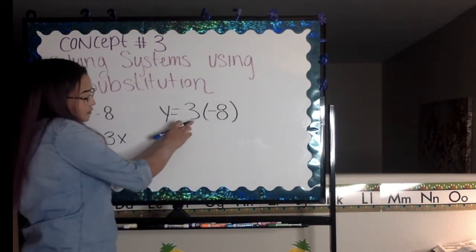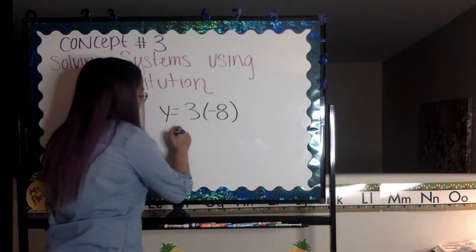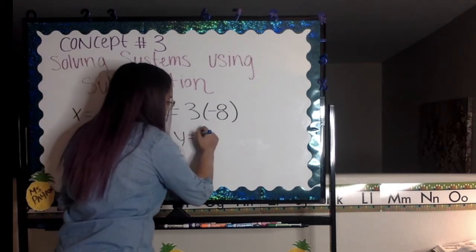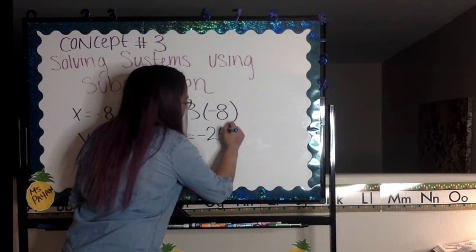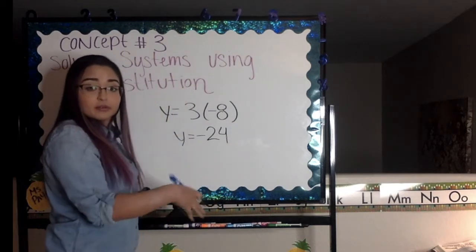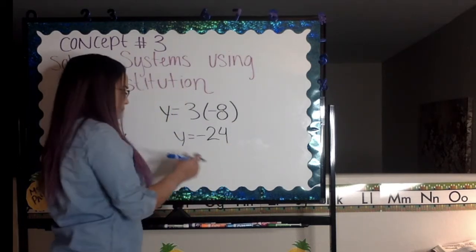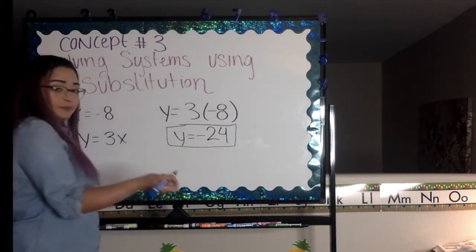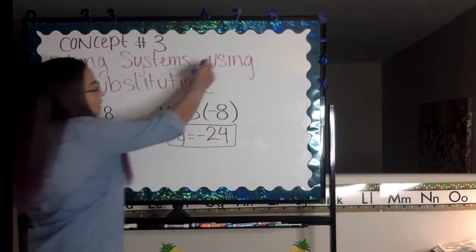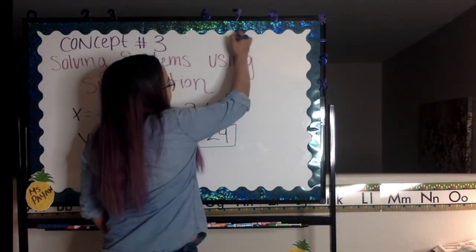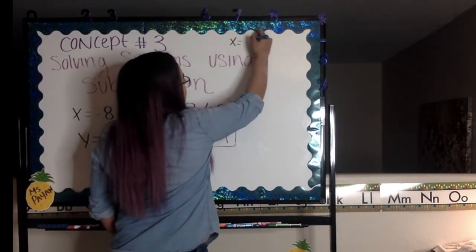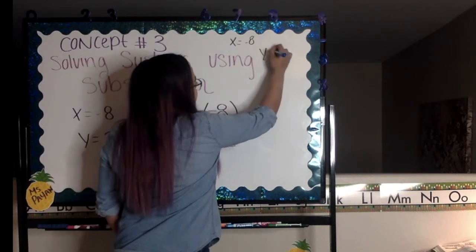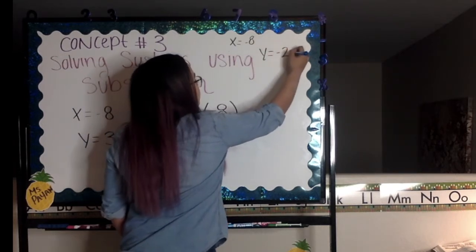And 3 times negative 8 is negative 24, because we're multiplying a positive and a negative. Therefore, our answer will be negative. So we have our value for x, negative 8, and we have our value for y, which is negative 24.